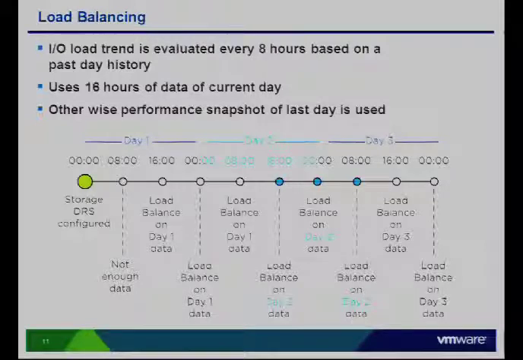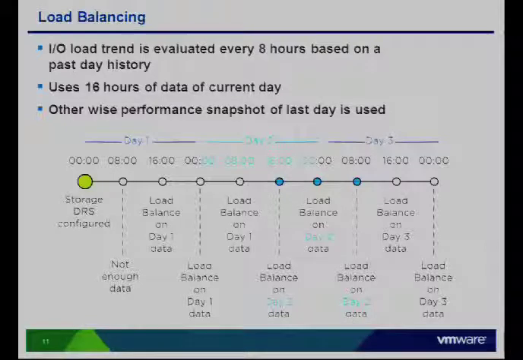So at that point, it starts to generate migration recommendations, but only if the threshold is violated on I/O load. At 12 o'clock, that's a cutoff period because it's actually the new day, right? So what happens at that point is that all the statistics of the previous day are rolled up into a performance snapshot and is used by Storage DRS to take a look at the load.